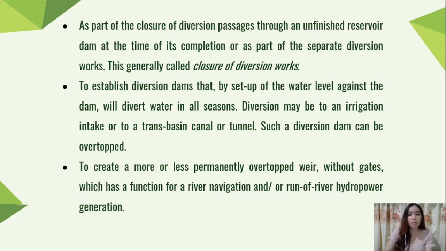Then diversion may be to an irrigation intake or to a transbasin canal or tunnel. Such a diversion dam can be overtopped. And lastly is to create a more or less permanently overtopped pier without gates which has a function for river navigation and or run of river hydropower generation.